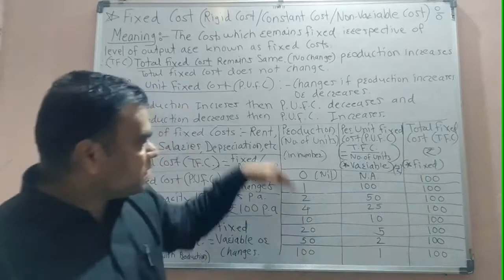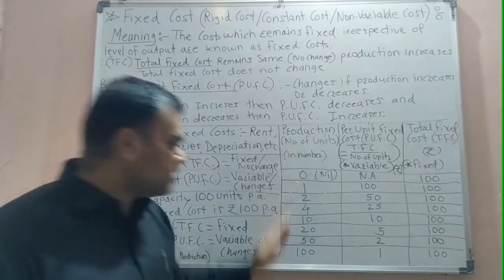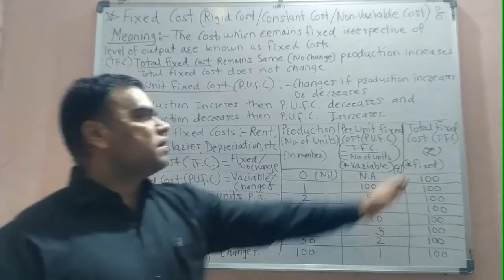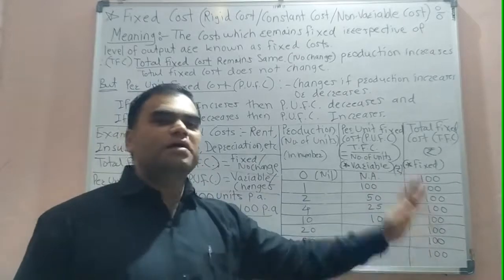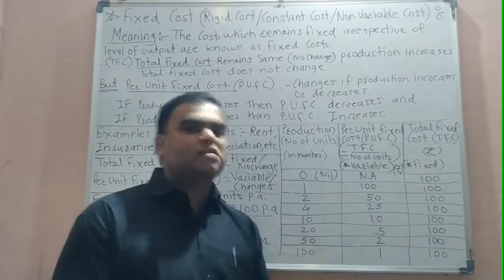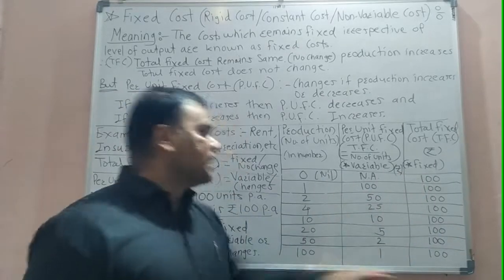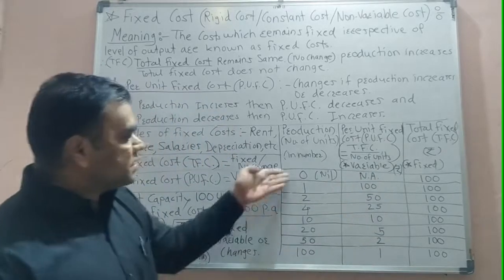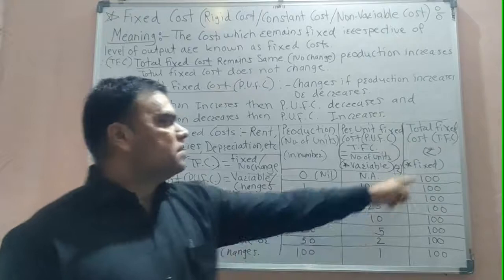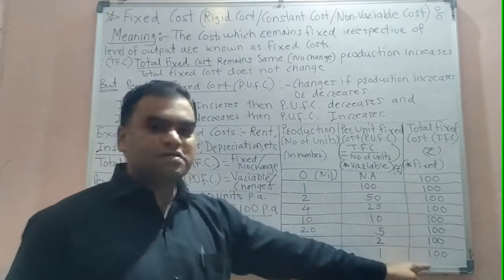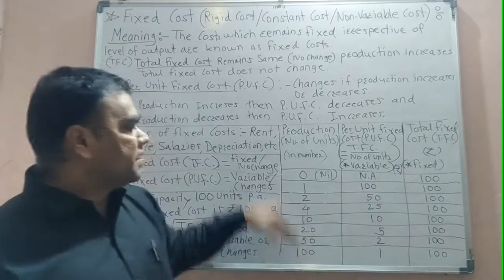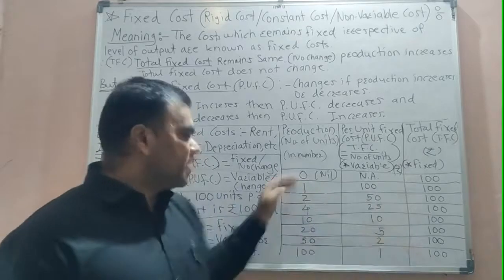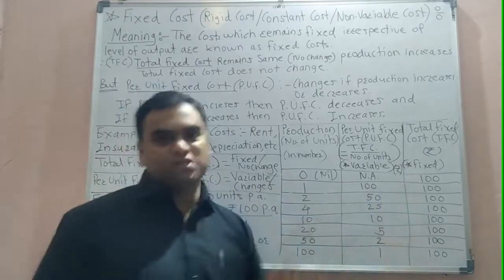Whether you decrease or increase the production, your total fixed cost remains the same. It will not increase if you increase the production, and it will not decrease if you decrease the production.